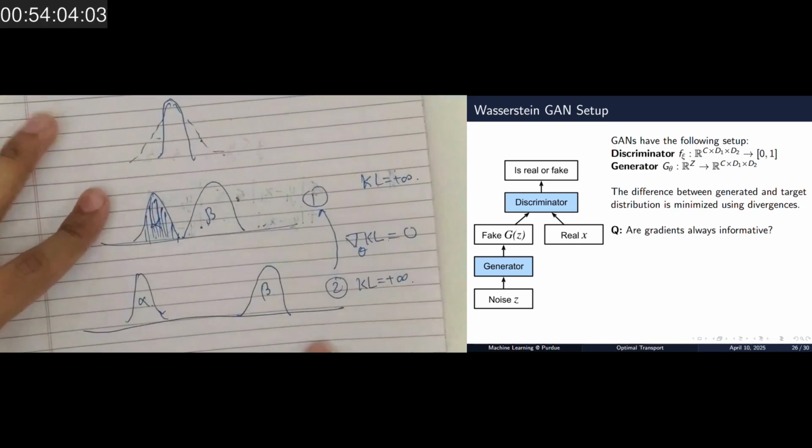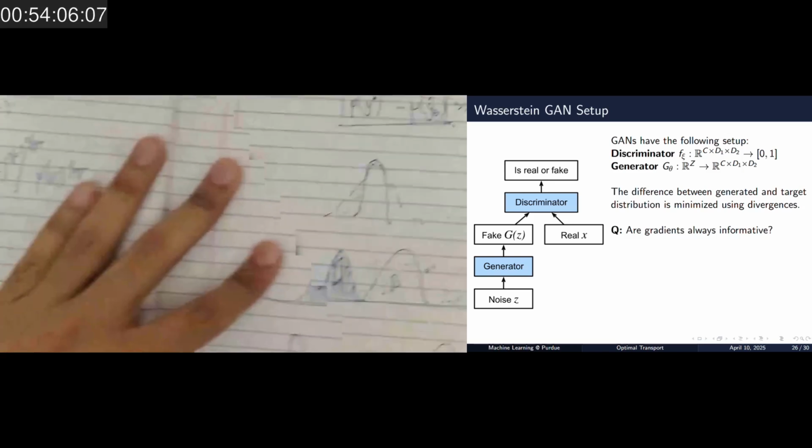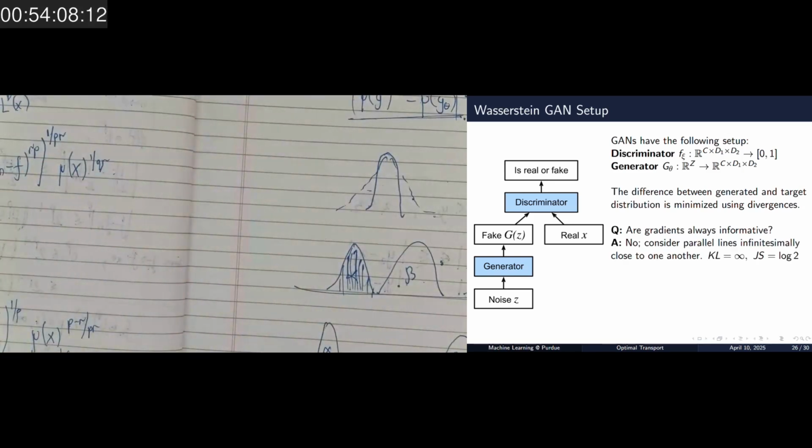Gradients are not always informative when we are using divergences. The Jensen-Shannon maximum value is log 2. So if you have parallel lines that are infinitesimally close to one another, the divergence between those two is going to be the maximum value that you can get, because it relies on having some form of overlap in order for it to work.